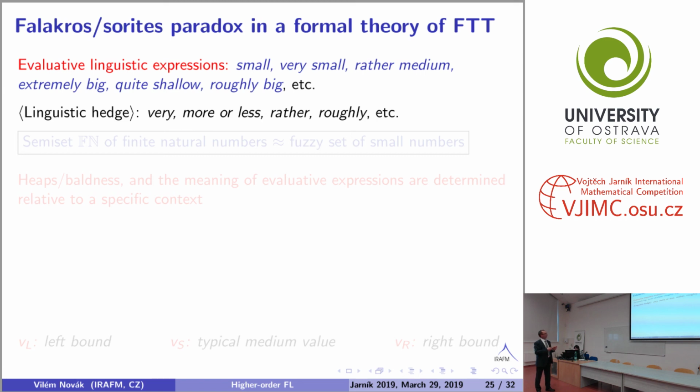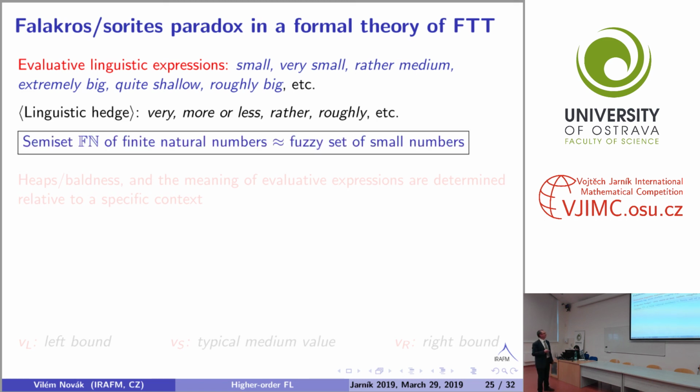These are constructed from three expressions of the kind small, medium, and big, and by some linguistic hedge. These are examples of linguistic hedges. And in fact, the interpretation or the meaning of such expressions is in principle the same as the meaning of expressions bald or heap in my first example.